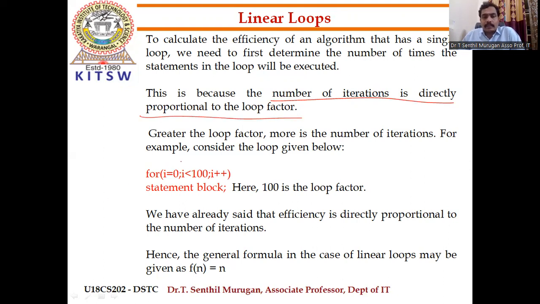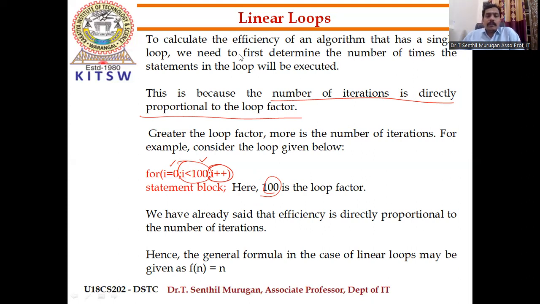What is the loop factor? This is the loop factor: the iteration from the initial point up to the last point, and 100 is the loop factor. So to reach 100, how many times will this loop be executed? That is a linear loop algorithm.